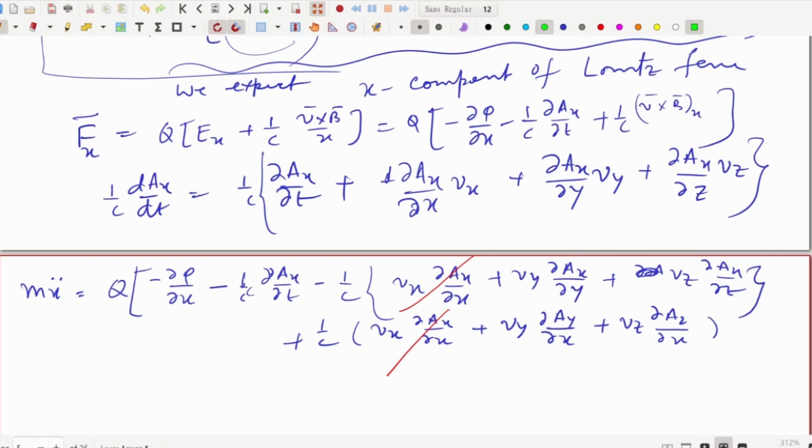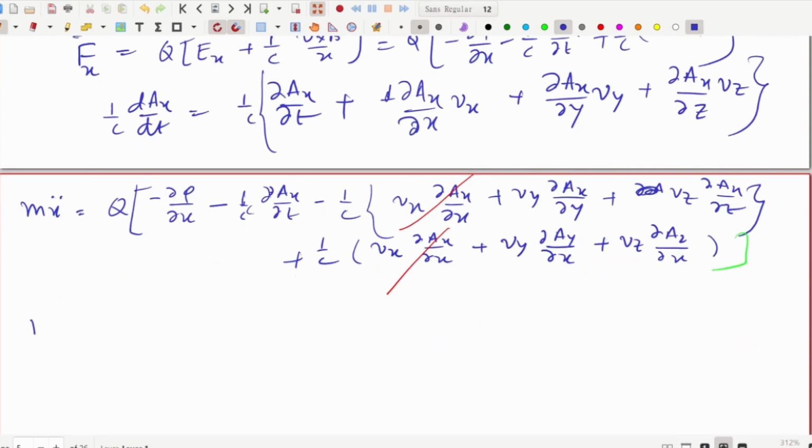So, I think only one term will get cancelled, which is v x. So, let me check. Only one term will get cancelled, and no other term will cancel. Okay. So, only one term will get cancelled, that is this term.